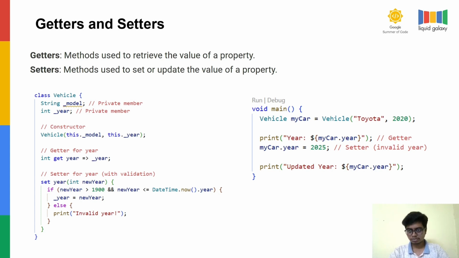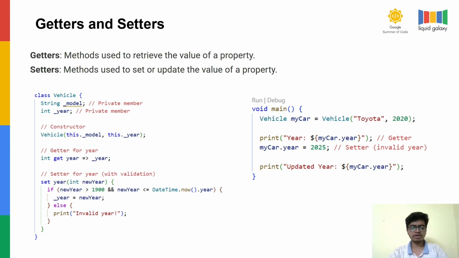Okay, and now I am updating the value of the year to 2025. First of all, it will check the validation, and if it qualifies, then it simply updates the value of the year variable, and simply prints the updated year. So you can see that there is no difference between the syntax of retrieving the data and the normal way.